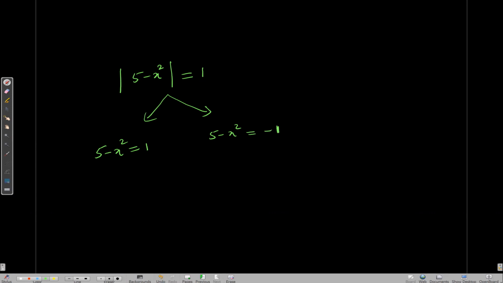Now from the first one I get x squared equals 4, which is nice, x equals plus or minus 2. And the second one I get x squared equals 6, right? And then I get x equals plus or minus square root of 6. So I have 4 solutions in this case: negative 2, negative root 6, positive 2, and positive root 6.